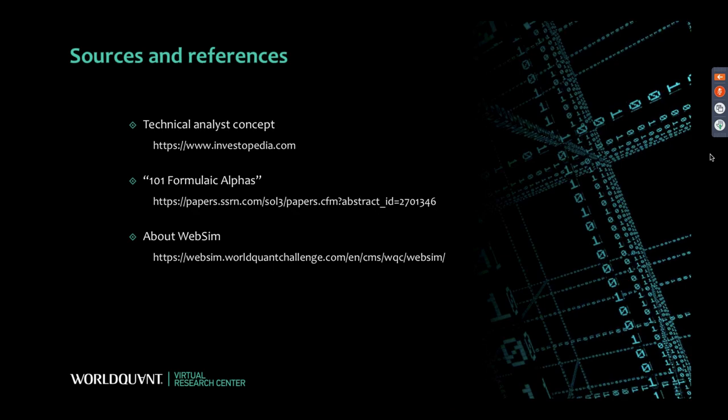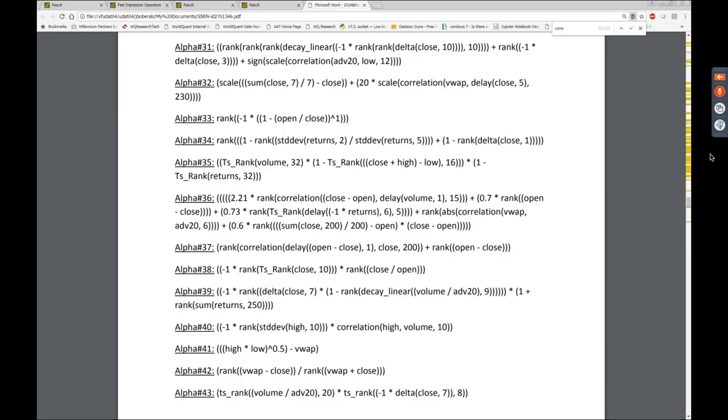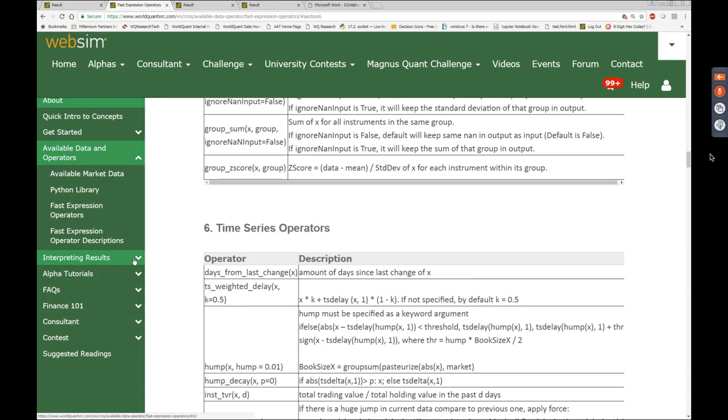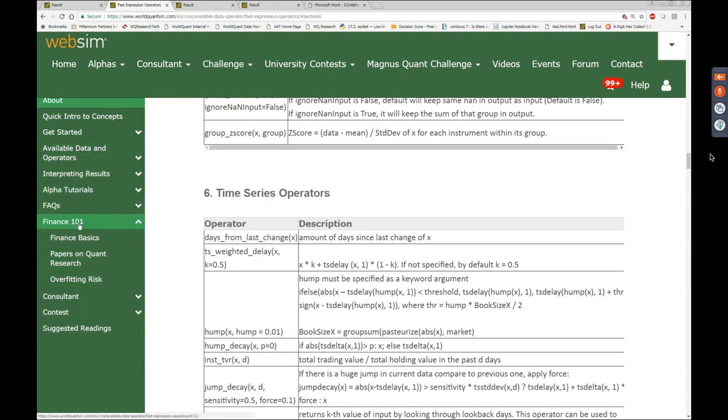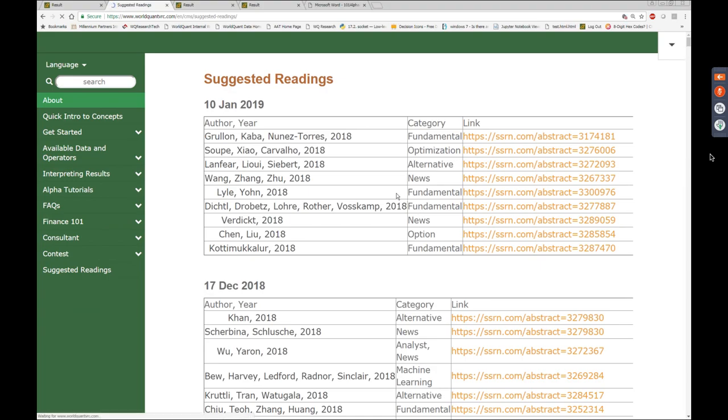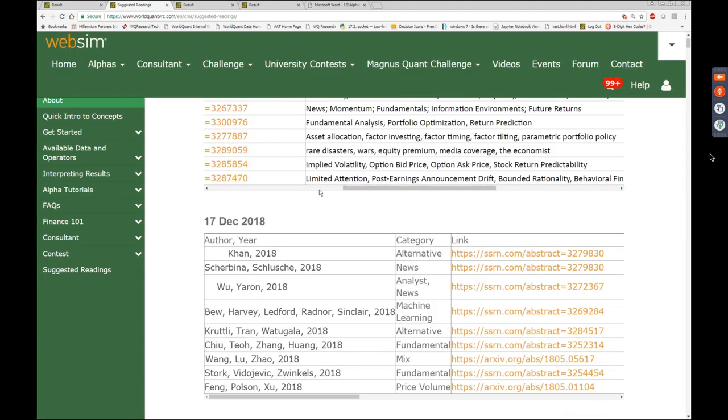So I'm going back to the website one more time. Again, for everybody who joins the first time, there's a Finance 101 section with basics of finance, papers on research, which is a list of some recommended papers, and there's a suggested readings, which is a huge long list of papers that you can see by basic category, so you can just pick one and hopefully find something that is interesting.